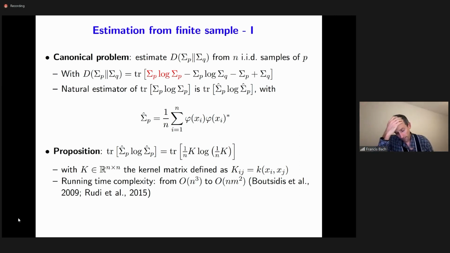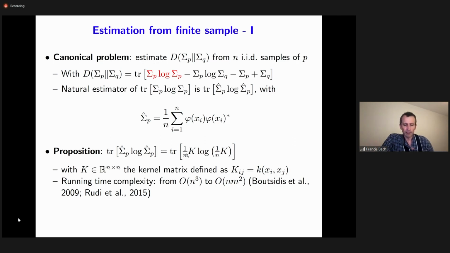So the first nice part is that you can compute it, because sigma p hat is still an operator in infinite dimensions, so it's still hard to compute, but it turns out that in exactly the same way as for kernel PCA, the eigenvalues of sigma p hat are exactly the ones of k over n, where k is the kernel matrix, which is n by n. And so this means that the Boltzmann entropy of sigma p hat is the one of k over n.